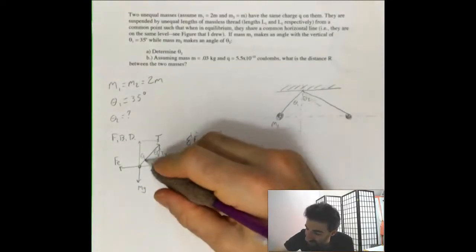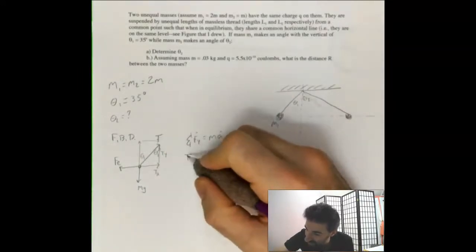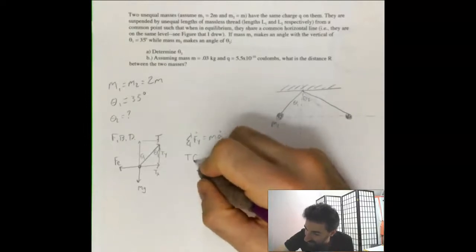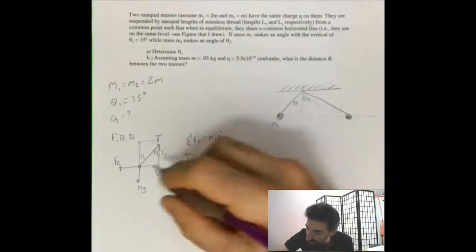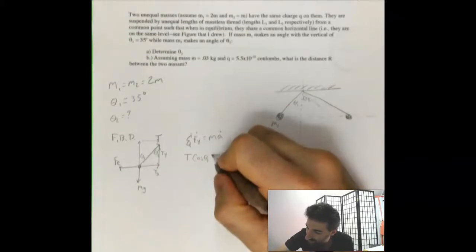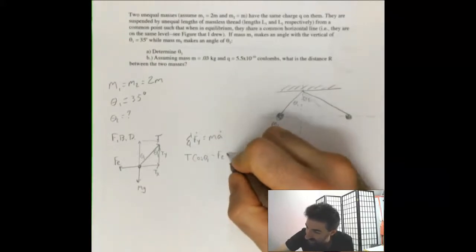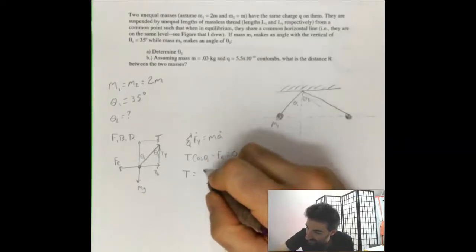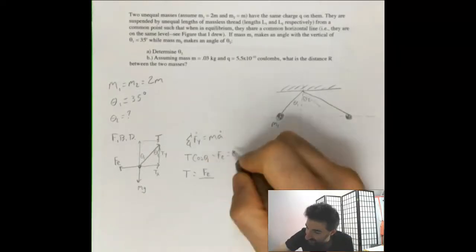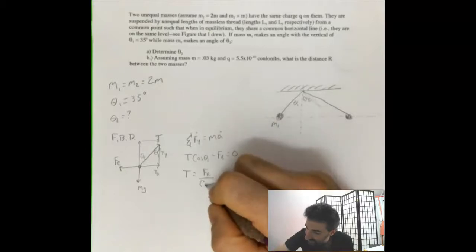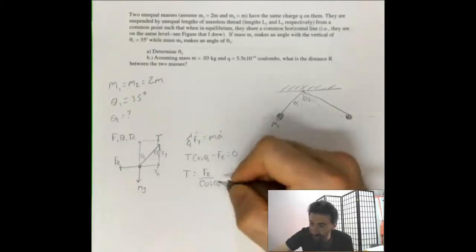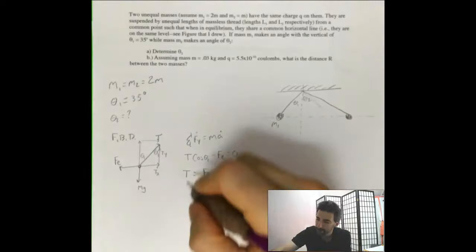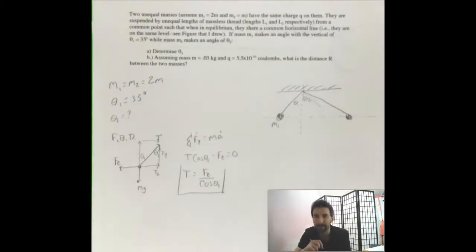So I'm going to say T cosine theta 1 minus Fe equals 0. T is equal to Fe divided by cosine theta 1. Hope I did that correctly on the fly. But yeah, it looks right. Those are alternate angles, so that should be right.